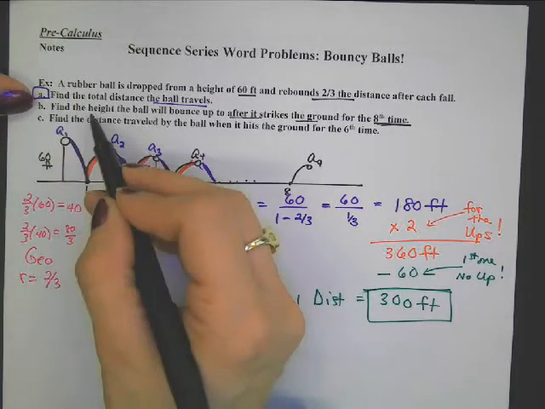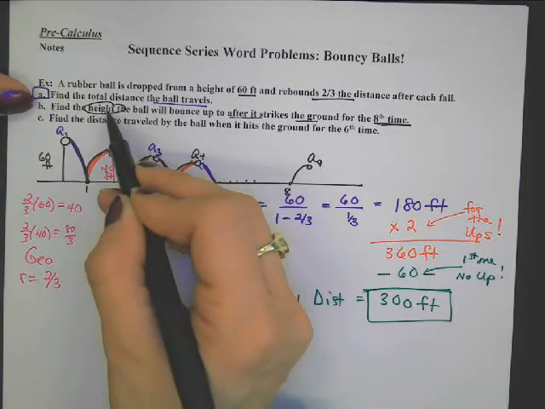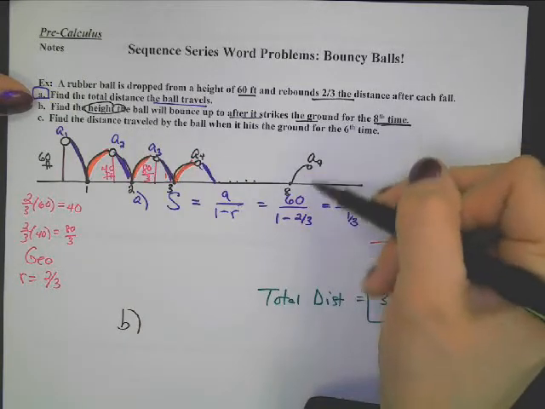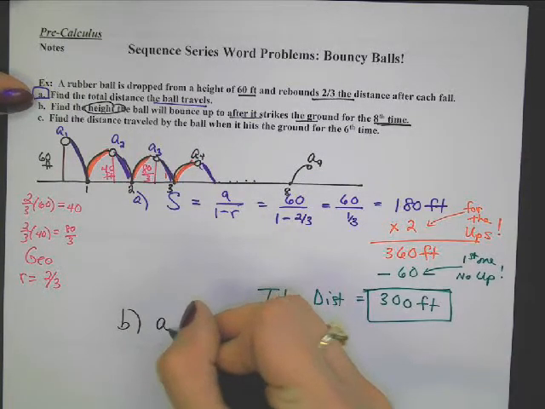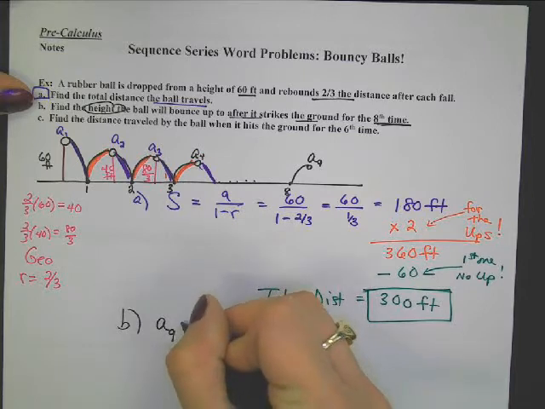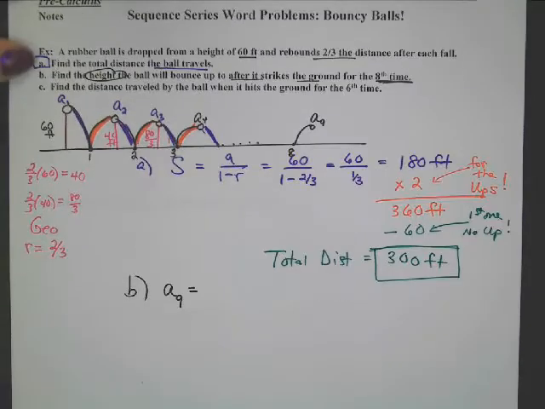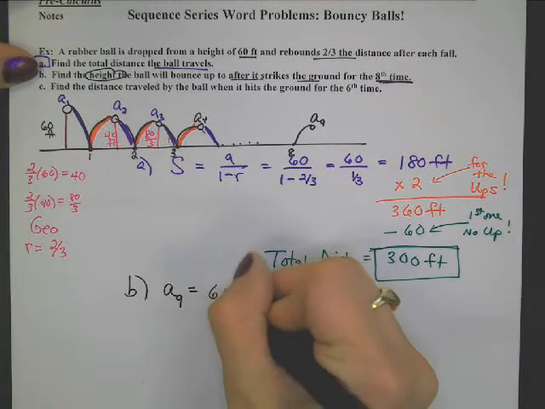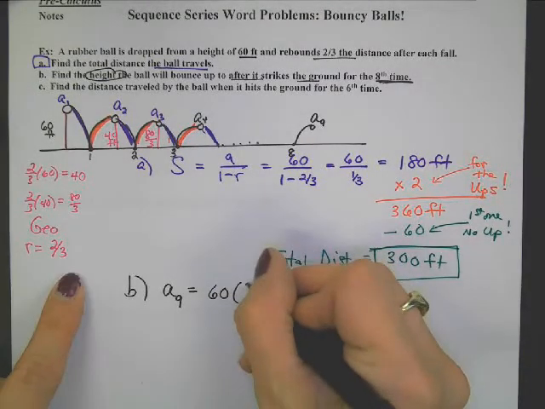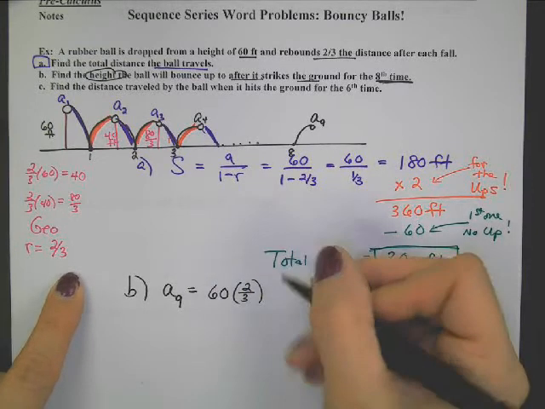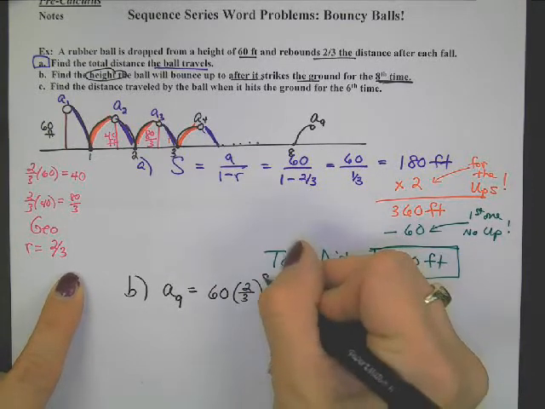So question B says find the height. That's not total distance. That's just the height. They're asking you to calculate A sub 9. Okay, A sub 9. That's a term. A geometric term is A1, 60, times r, which is 2/3, to the power of 8.